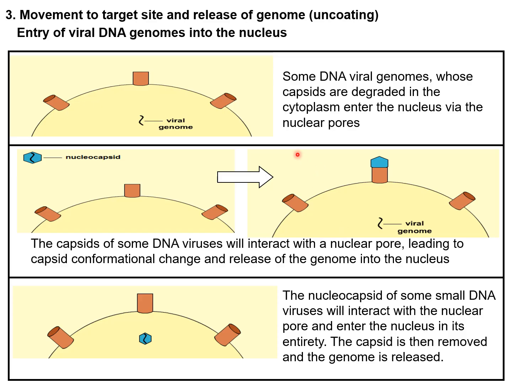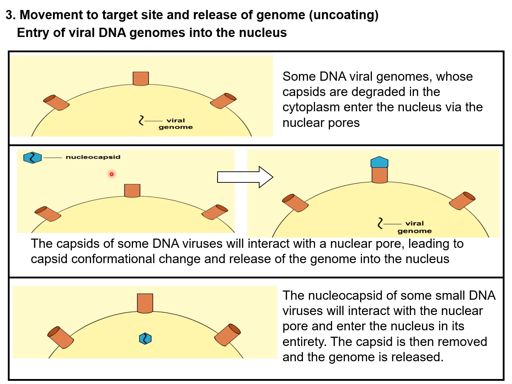Now, if you have a DNA genome, most of them, not all, most of them have to gain access to the nucleus because they require the machinery there. So in some cases, the viral genome will simply go through the nuclear pore.